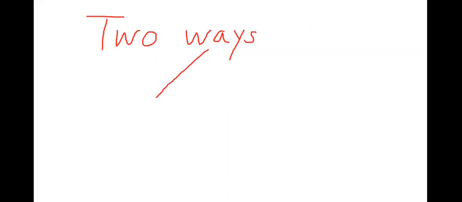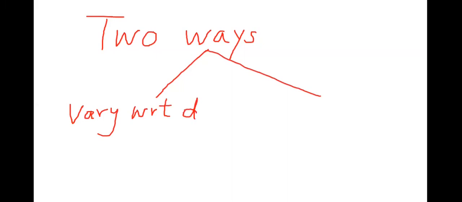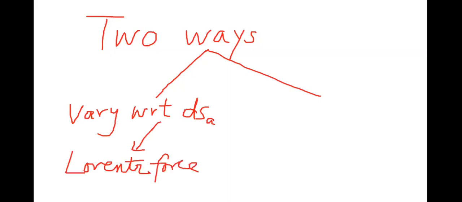So I told you two ways. You can vary the action with respect to dsA, which is the world line of the particle. You can vary it with respect to this, and then you get the Lorentz force. Or you can go by varying this action with respect to AI.